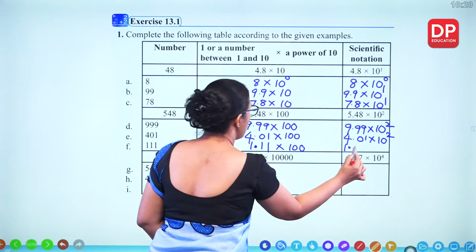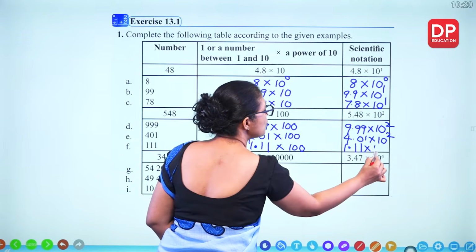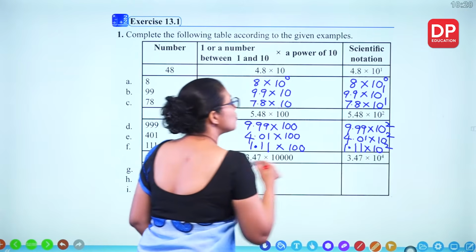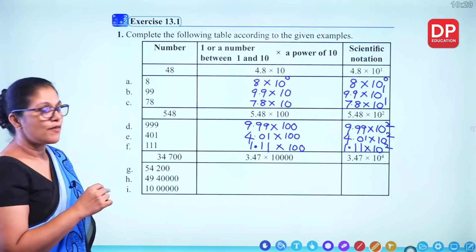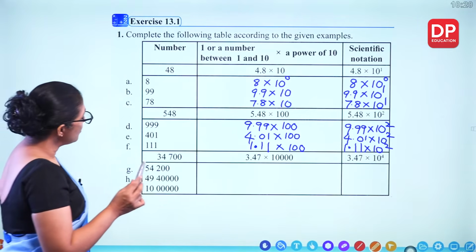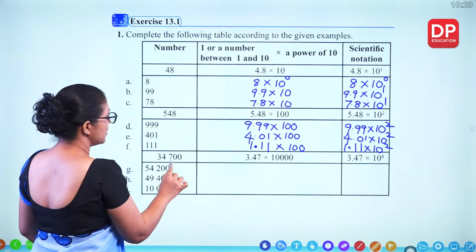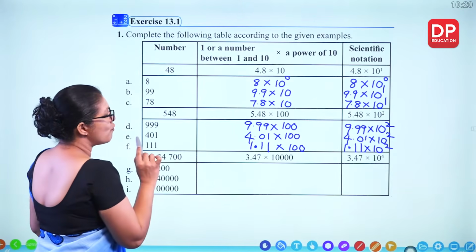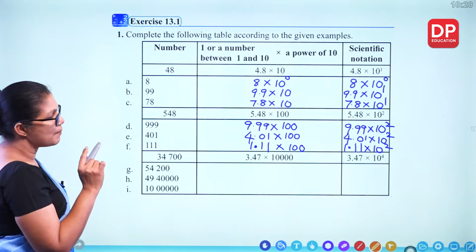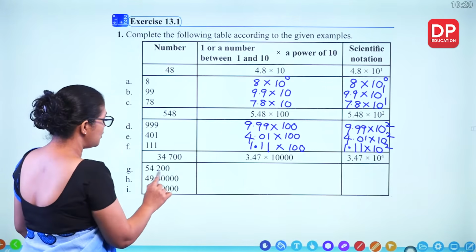This is same as 1.11 10 to the power 2 because 100 is 10 to the power 2. Now this one multiplied by 10,000. 1, 2, 3, 4. 4 zeros. You get power 4.